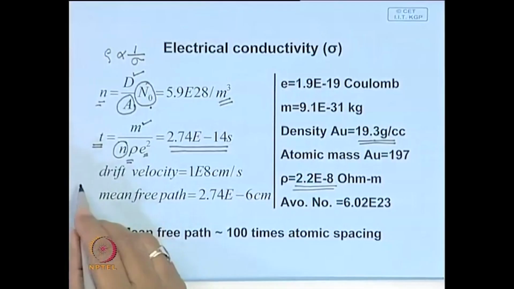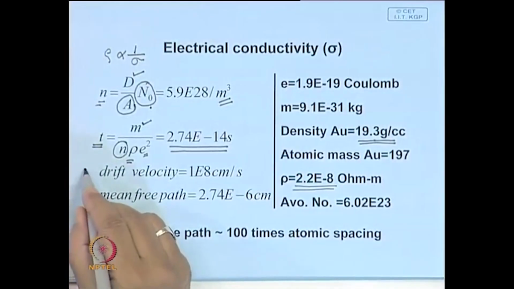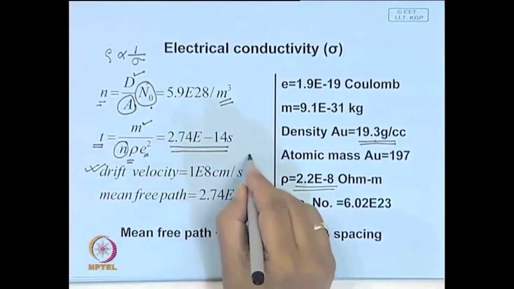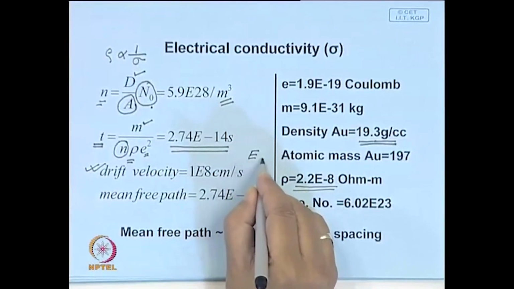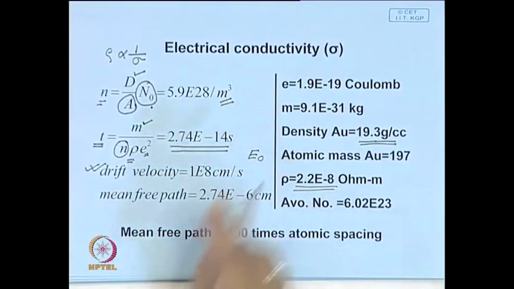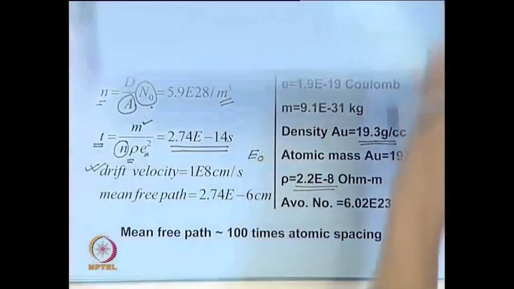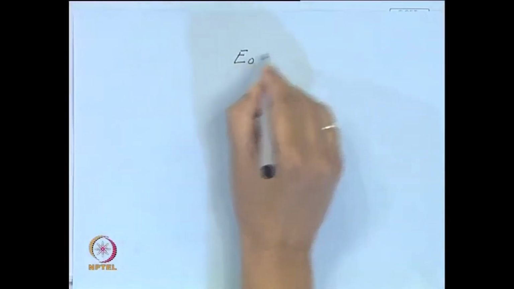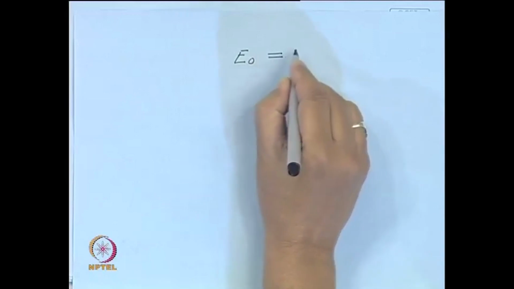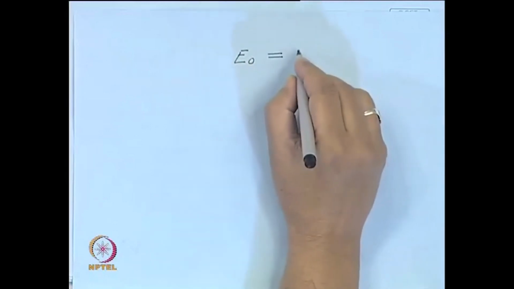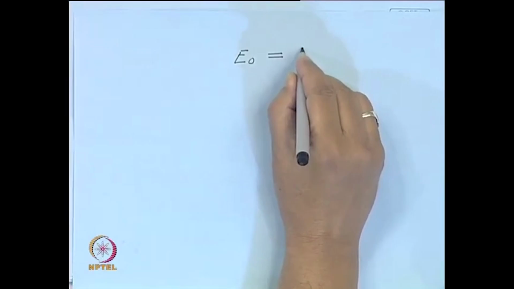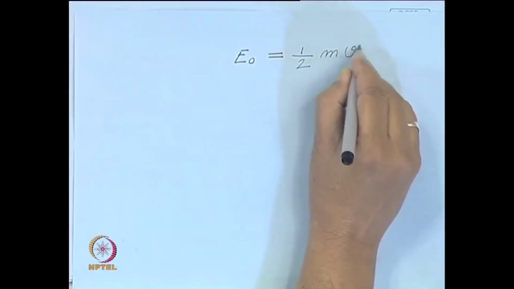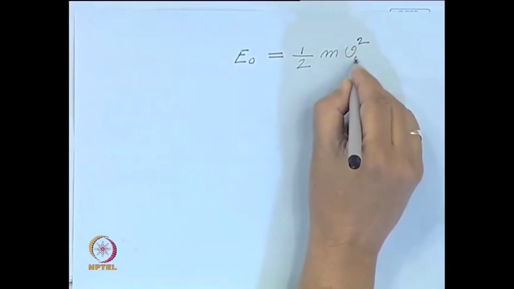Now, let us try and find out the drift velocity. It is possible to calculate it from the Fermi energy E naught. Here the entire energy is due to the kinetic energy of the electron, and this is equal to half mass of electron into velocity square.